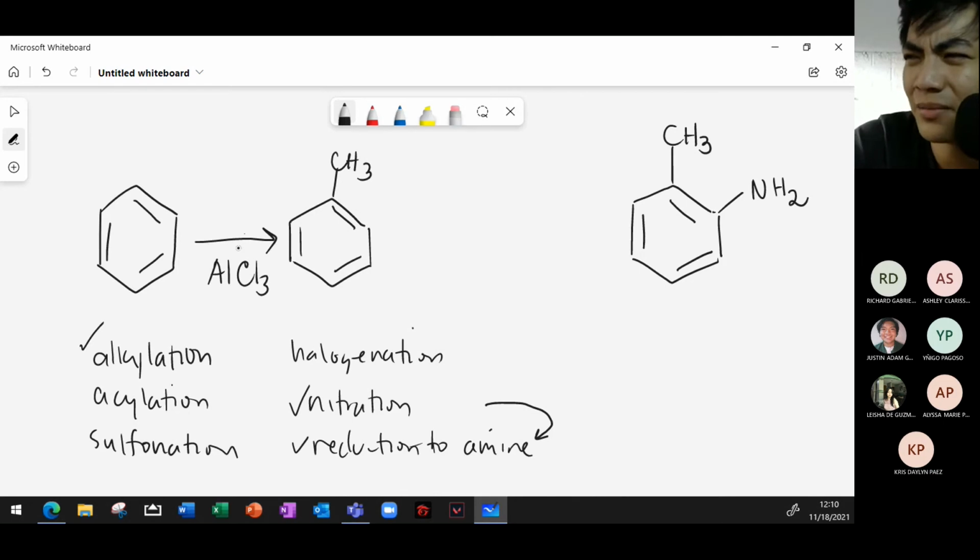Ito, AlCl3 na lang gamitin natin. Ano formula na ilalagay ko dito?